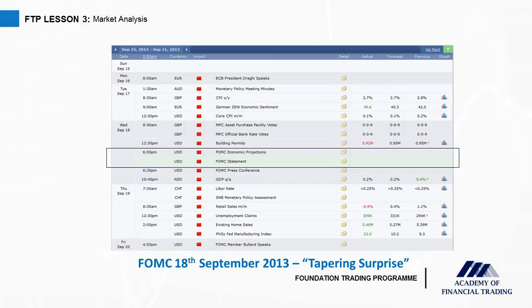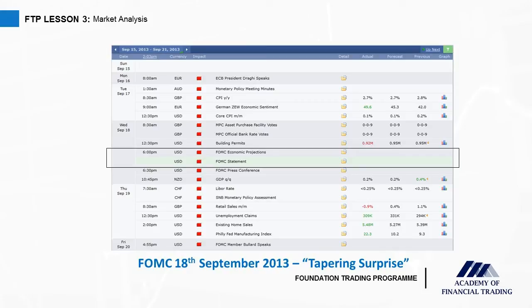To show you another example, on September the 18th, 2013, the then Federal Reserve Chairman Ben Bernanke was expected to taper the US government's 85 billion US dollar asset purchase program by 10 to 15 billion. Unfortunately, this didn't happen, so let's see the impact of this taper surprise on the market. That was what was expected, and this is more of a reverse response to something not happening.